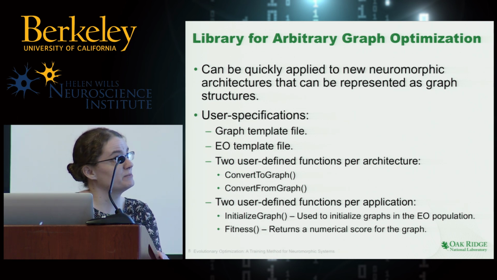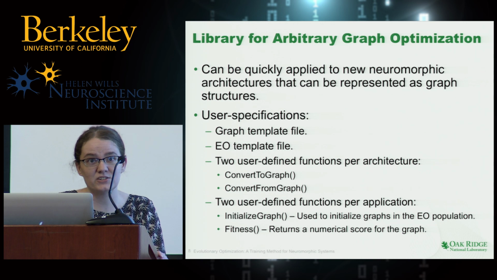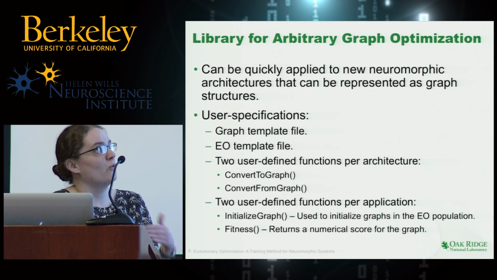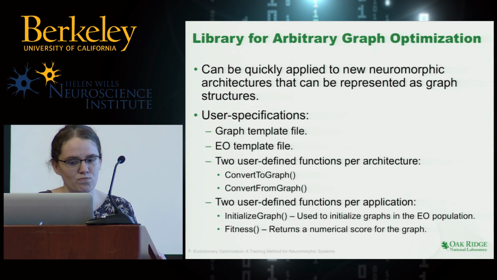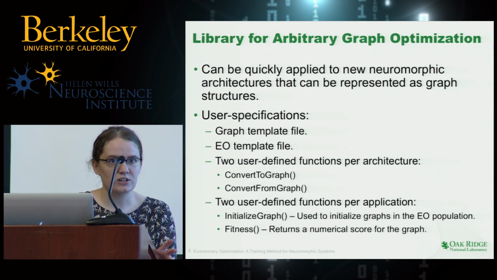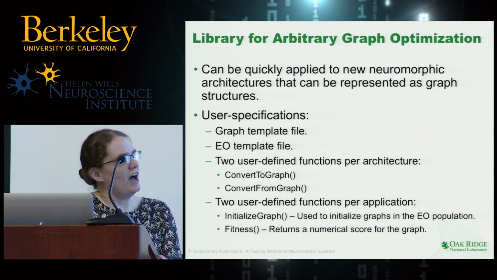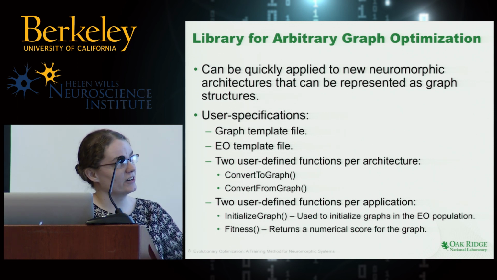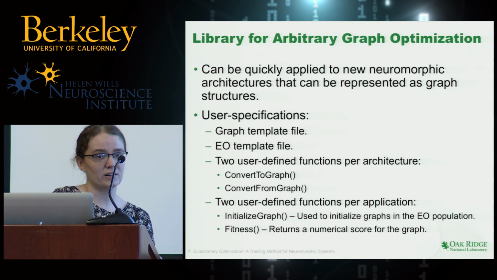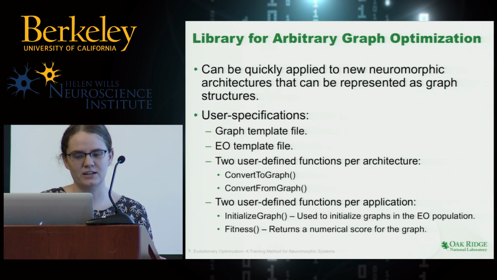We would also ask you to specify an evolutionary optimization template file, which tells you which parameters and structures can be manipulated as part of the optimization. We have an internal graph data structure, and we would ask you to define two user-defined functions for that architecture that convert from your existing data structure to our graph data structure.